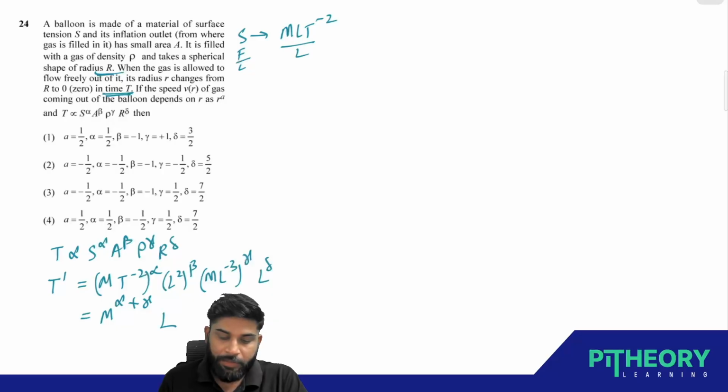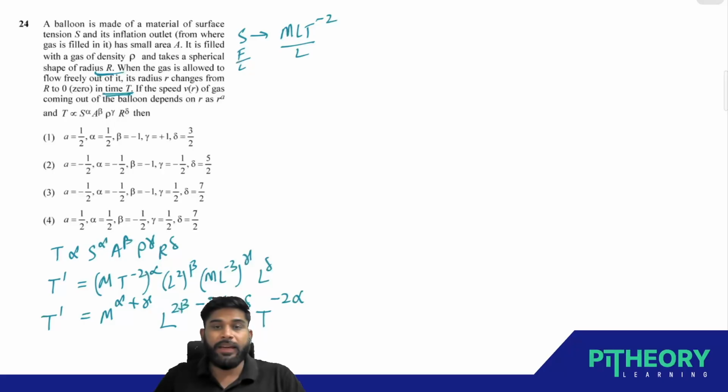Length to the power 2 beta minus 3 gamma plus delta, correct? This is how it is done. And you also have time, correct? We have time T to the power minus 2 alpha. So this is M to the power alpha plus gamma, L to the power 2 beta minus 3 gamma plus delta, and T to the power minus 2 alpha, correct?